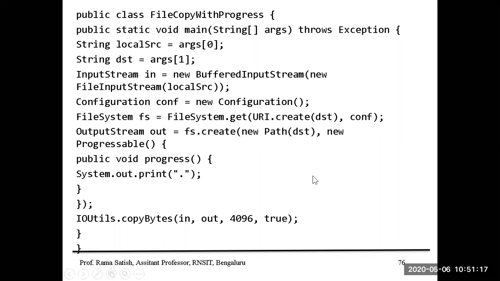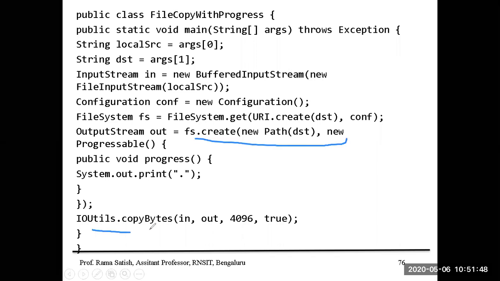So this is the program, and in the examination, definitely they will ask for a Java program implementation to read the data from the HDFS file system and display it, or to write the data into the HDFS file system, create and write the data. Here you are creating the file, and here you are writing the file.